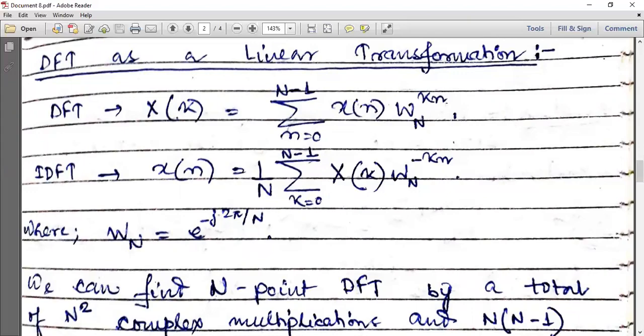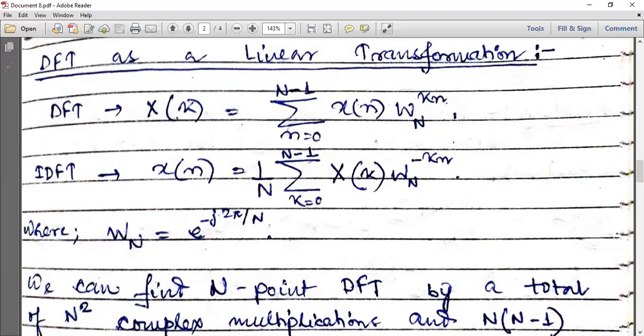For IDFT, x of n, the normal sequence, is again achieved by 1 by N summation k equal to 0 to N minus 1 X of k into twiddle factor to the power minus kn. Clear? So where W_N, the twiddle factor, is given by e to the power minus j 2 pi by capital N. What is capital N? Remember, in my last lecture I have told capital N is the number of samples.